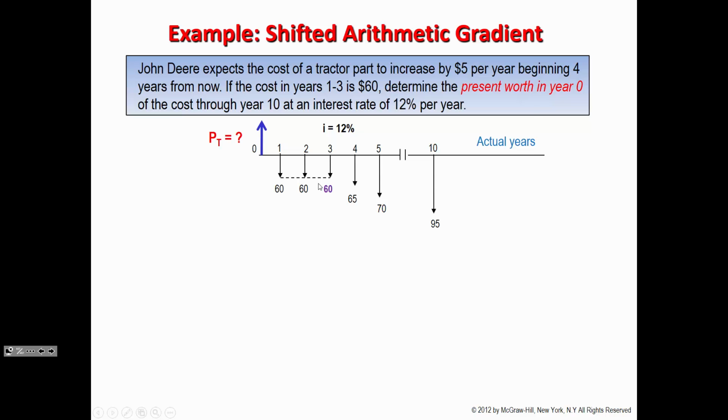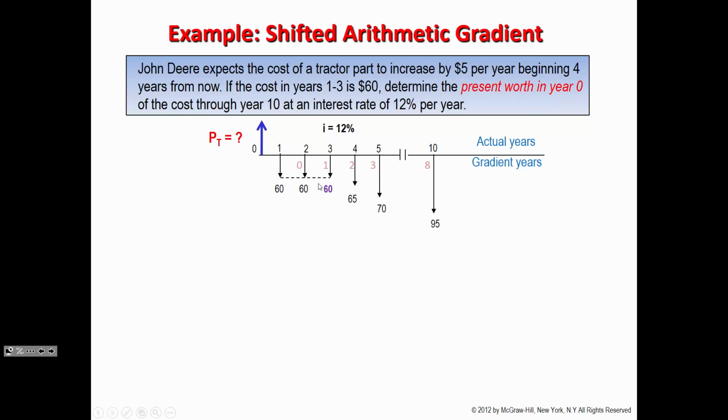It is present in year 1, and so when we move it to the present, it's going to be just 1 year before the first time we see it. The gradient, on the other hand, the first time we see it, present is 2 years prior to that, instead of just 1 year prior.